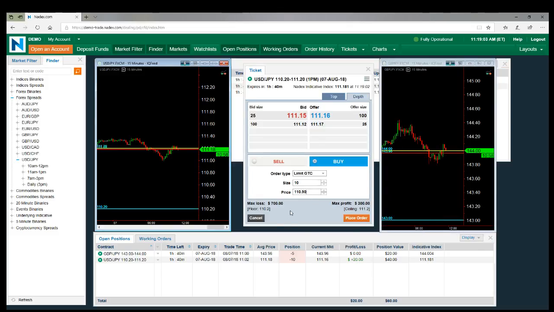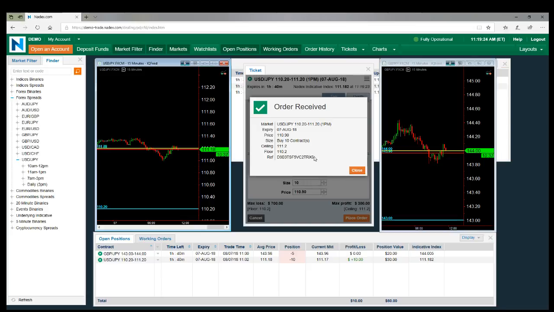Now, the one thing to consider is that if you're doing this, max loss and max profit will not be correct. That is only readable when you enter, no other time. So I'm just going to place that order.